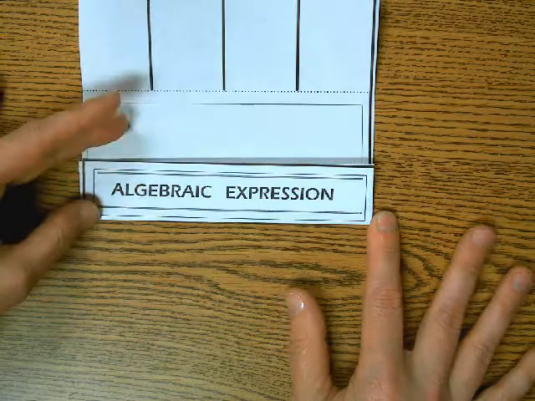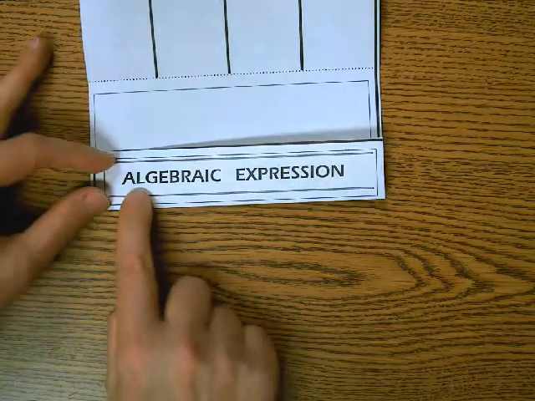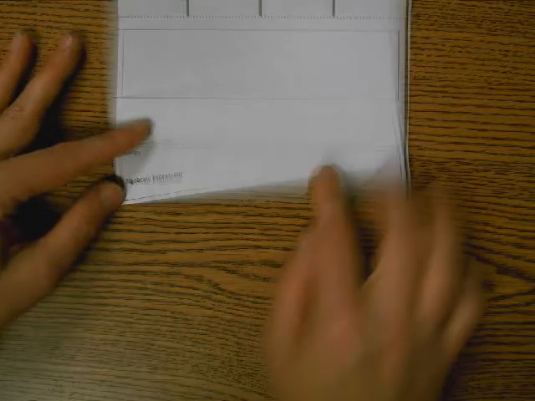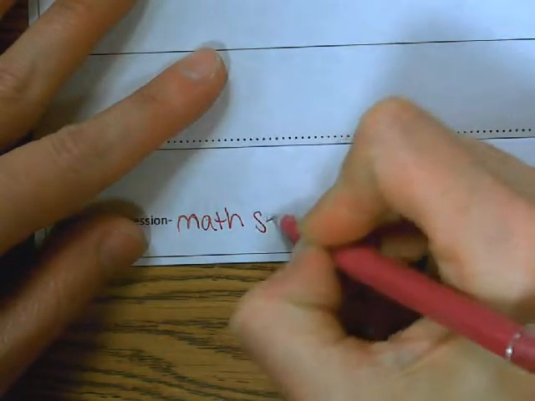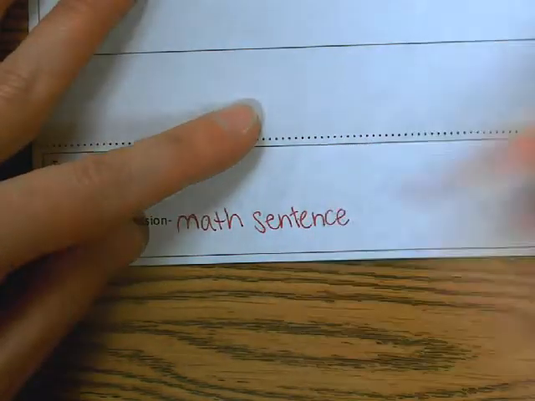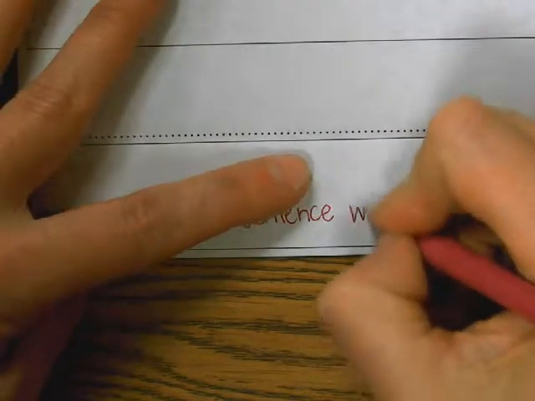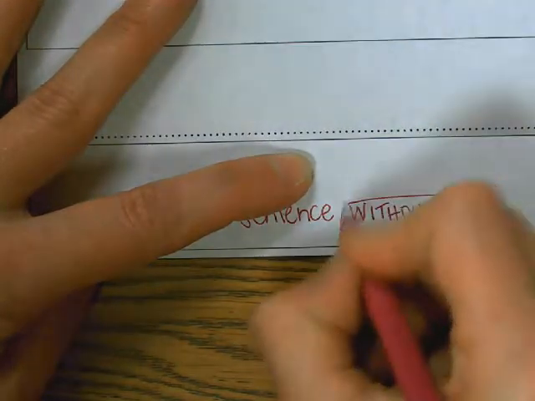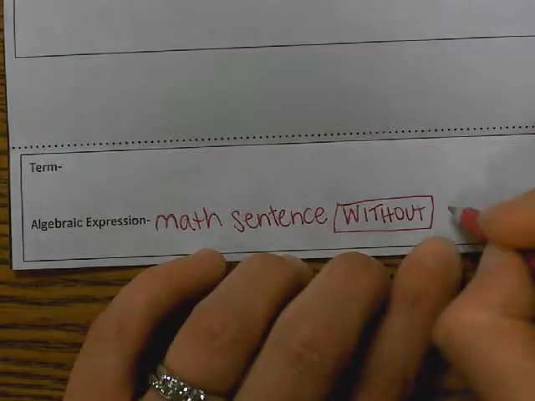Okay? So let's start with what in the world is an algebraic expression. That's this word right here, algebraic expression. And so we're just going to write this right here in this little section. If you open it up, find this definition, and we are going to write: an algebraic expression is a math sentence without an equal sign.